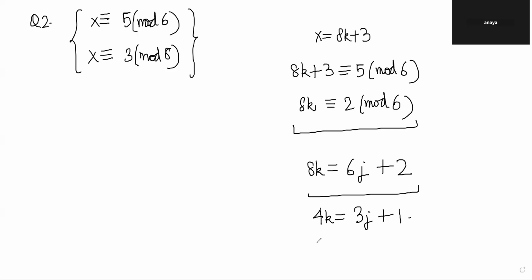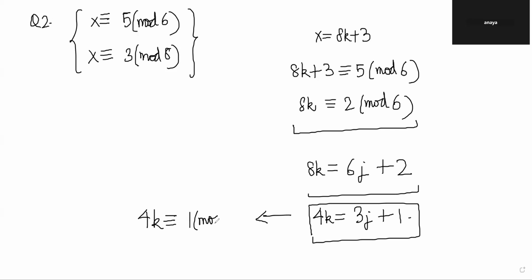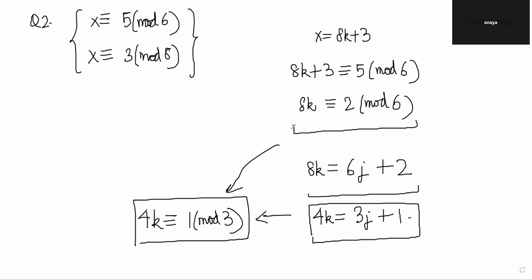This equation actually means, in terms of congruences, 4k is congruent to 1 mod 3. So that also tells us that there is a way to divide even if they don't have GCD 1, because by correct statements, we have gotten to here.